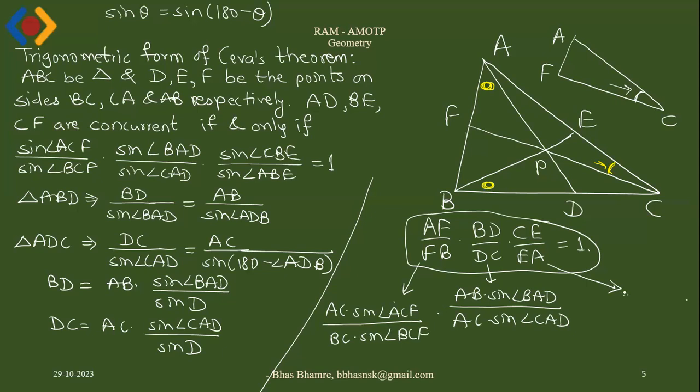And for CE upon EA, we get BC times sine of angle CBE over, for EA, AB times sine of angle ABE, and this product is equal to 1. I just substituted the values. Now you observe AC, AC, BC, BC, AB, AB cancel, and hence we are done. That is the trigonometric form, and the converse can be proved by using a contradiction. No worry about that. I hope you got this.